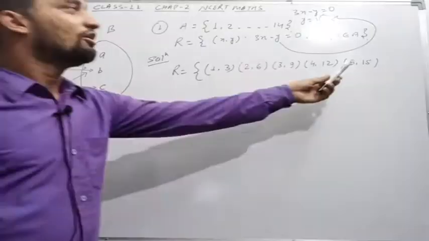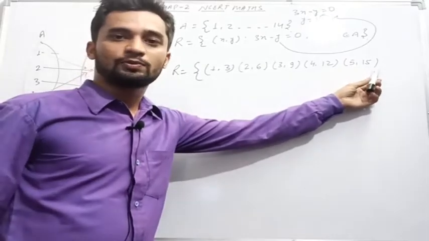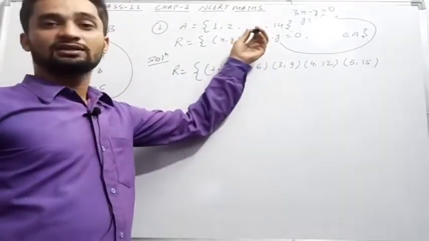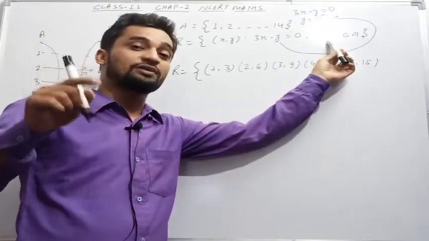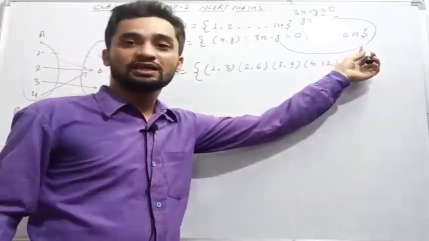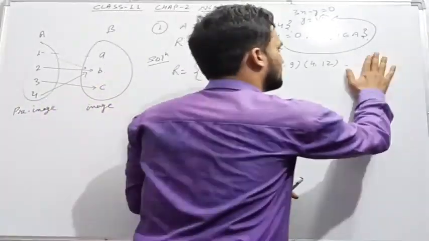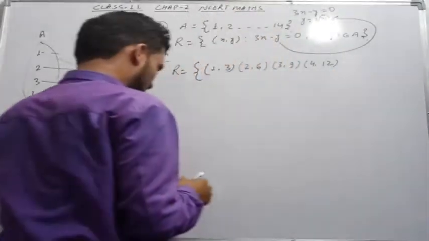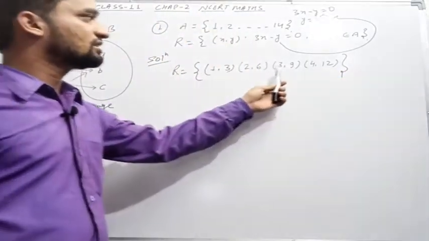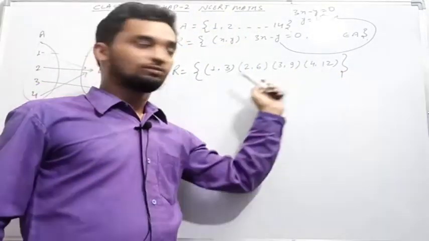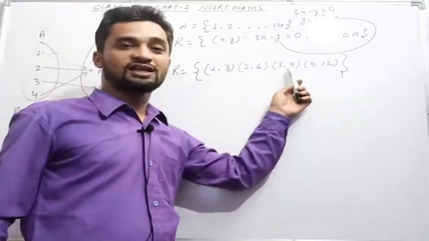But as you know, 15 does not belong to set A, and it is clearly mentioned that x and y both must belong to set A. It means we cannot take (5, 15). So the relation will be (1, 3), (2, 6), (3, 9), (4, 12).